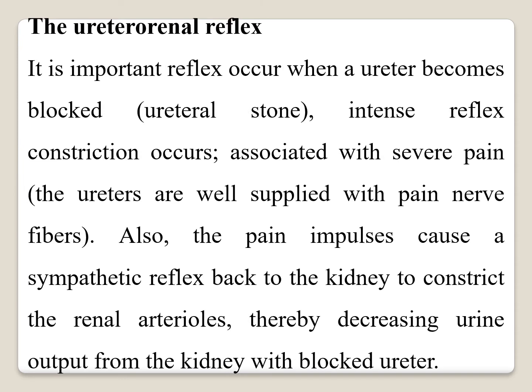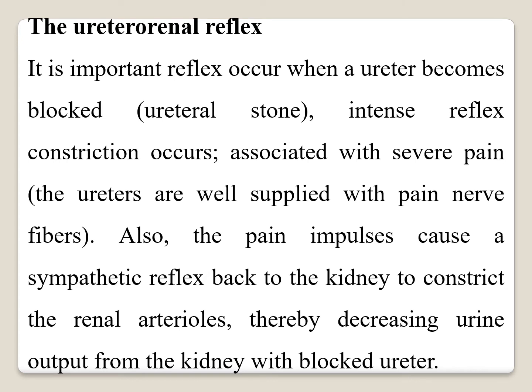The ureterorenal reflex, from its name, starts at the ureter and ends at the kidney. It is an important reflex that occurs when a ureter becomes blocked by a ureteral stone or tumor.